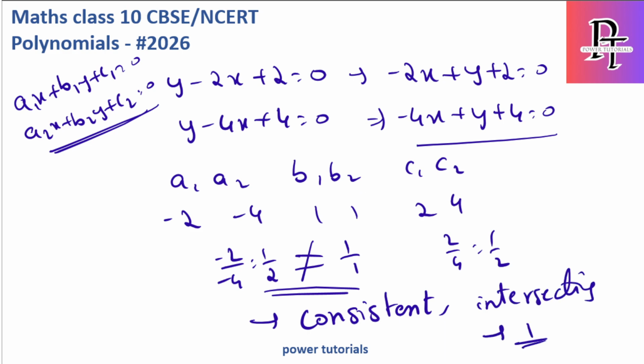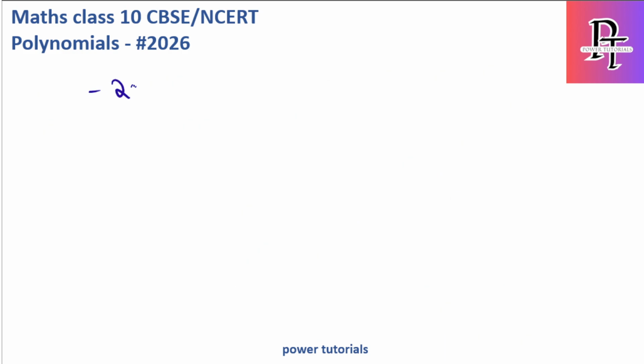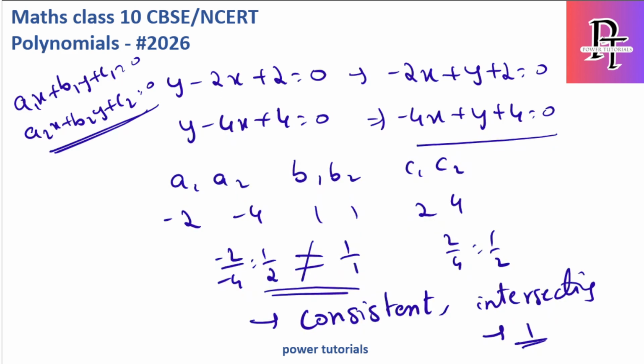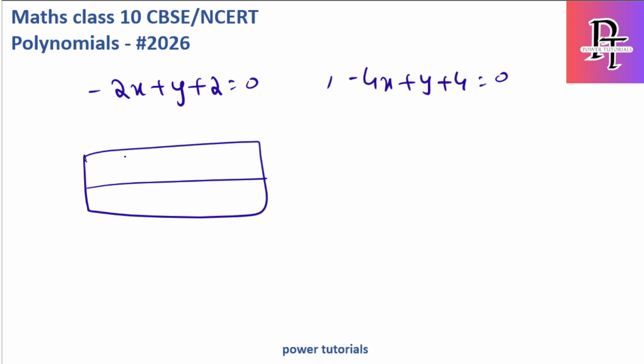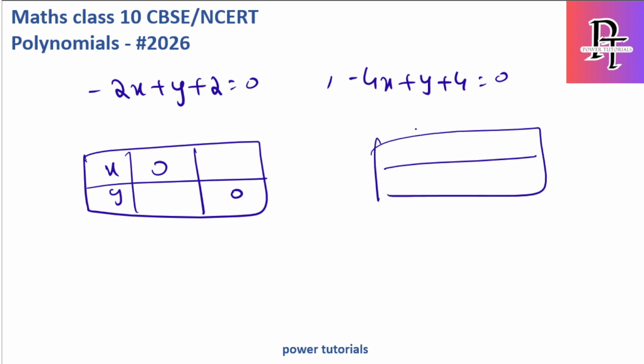Okay, so let's find the points. Minus 2x plus y plus 2 is equal to 0. Second equation, minus 4x plus y plus 4 is equal to 0. So the same method I have always told you, I will prepare a box with x, y, 0, 0, here also x, y, 0, 0.